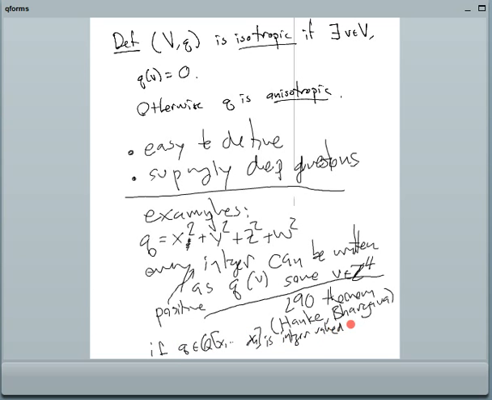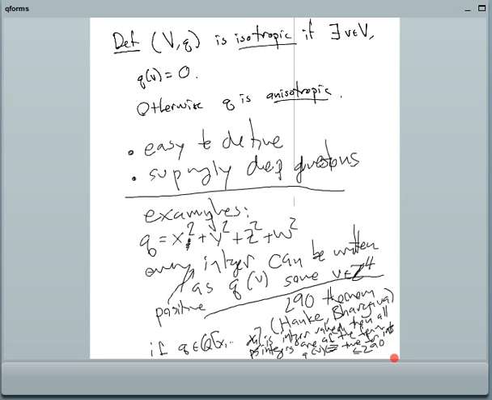If you have an integer valued form, then all positive integers are of the form Q of V for some V if and only if it's true for integers less than or equal to 290.